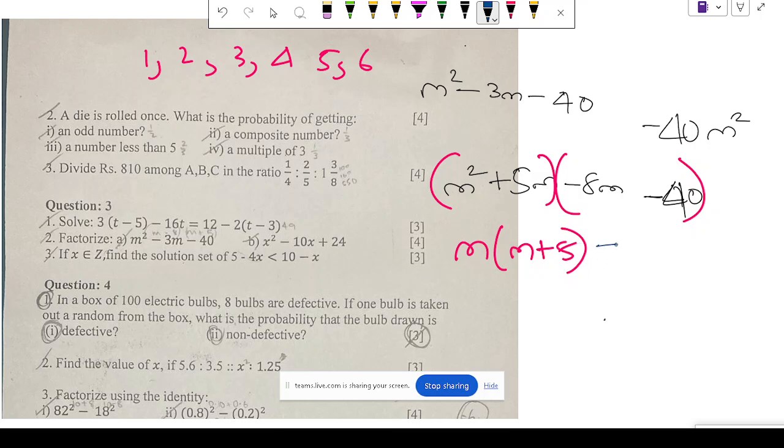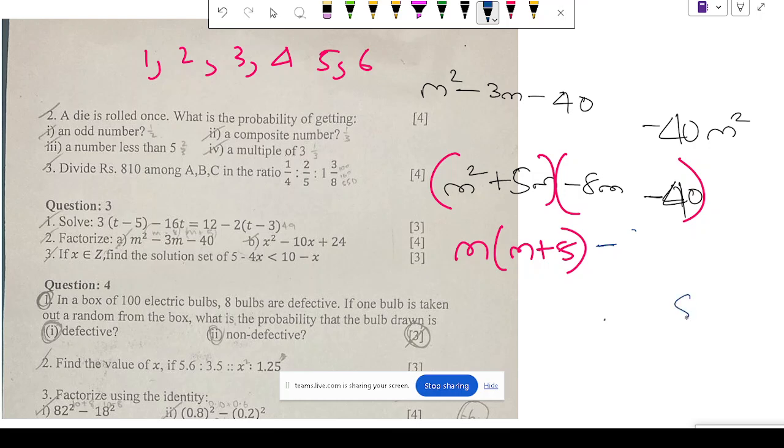First sign is minus, sir. Minus. Then what is common? 8m and 40. 8 and 40. What is common? 4, sir. Check properly. Is it 4? How do you check the common values, Kia? Which method do we use to check common value?